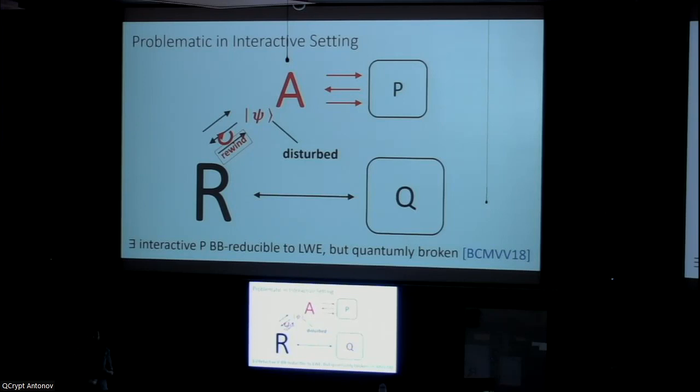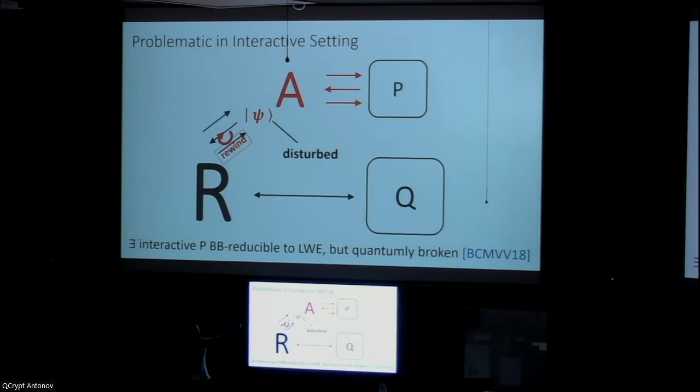Moreover, we even hinged on this fact. There's a work of Brakerski et al. whose goal was to prove quantumness. They said, I'm going to prove to you that I'm a quantum machine. The way they did it is they gave an interactive protocol that a quantum machine can succeed on and a classical machine cannot succeed on, under LWE.